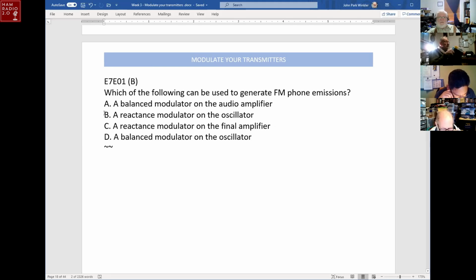So the answer is B. It's a reactance modulator on the oscillator in the transmitter. A reactance modulator uses a change in either inductance or capacitance with voltage to change the frequency of the oscillator, and that provides the modulation. Typically a little varactor, or what's the other term? Varicap. Across the tune circuit in the oscillator is the way that's accomplished.